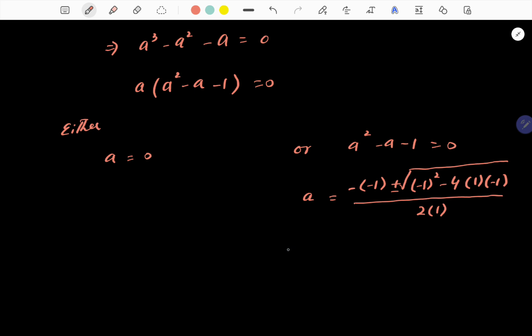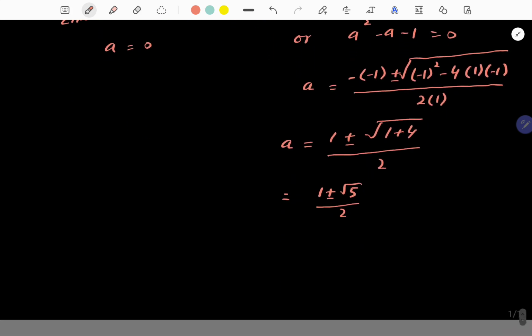So from here we can get a = (1 ± square root of (1 + 4)) divided by 2, or it will be (1 ± square root of 5) divided by 2.